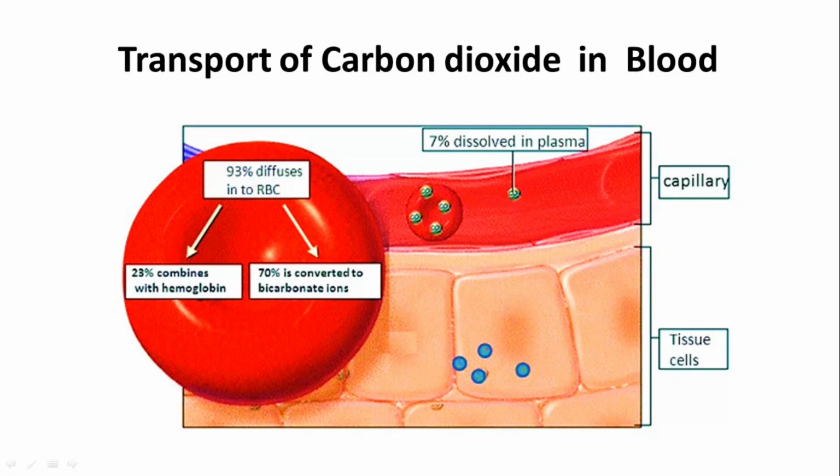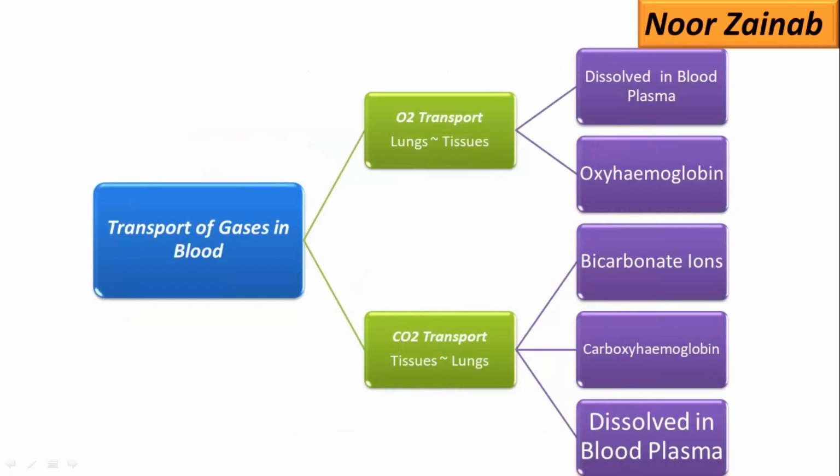Now, 7% of the carbon dioxide is transported as being dissolved in the blood plasma. So in this way, three ways are depicted. 7% carbon dioxide is dissolved in the plasma, 70% is converted into bicarbonate ions, and 23% of the carbon dioxide combines with hemoglobin and is transported in our blood as carboxyhemoglobin.